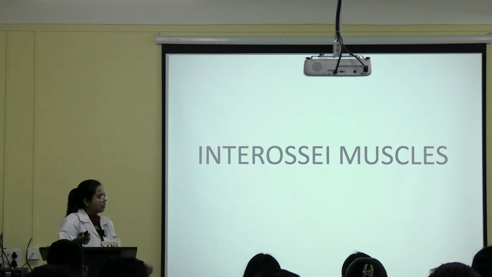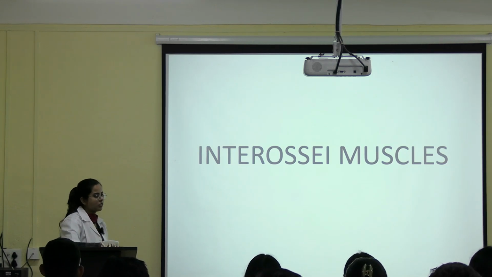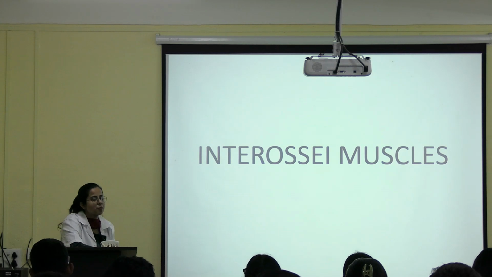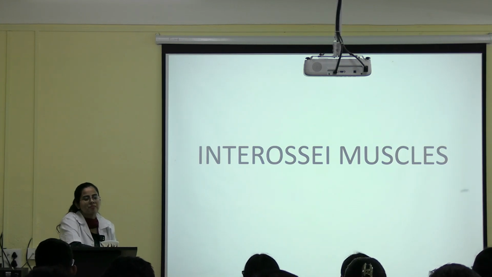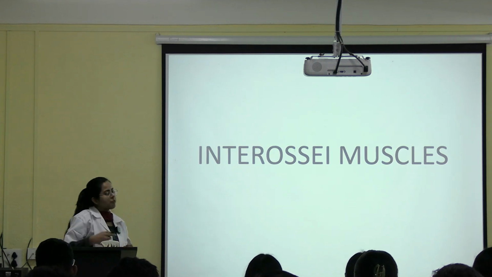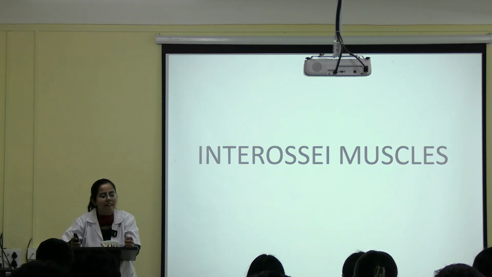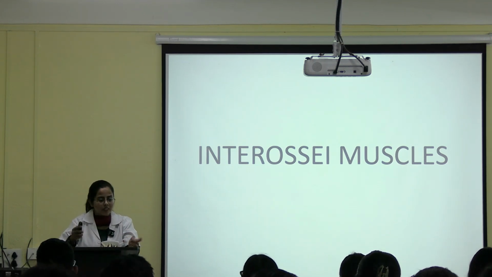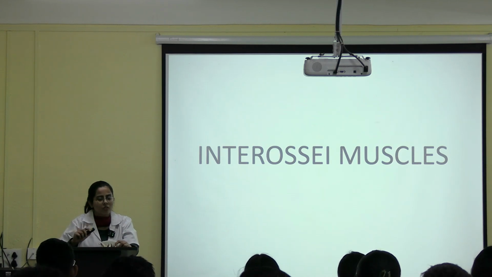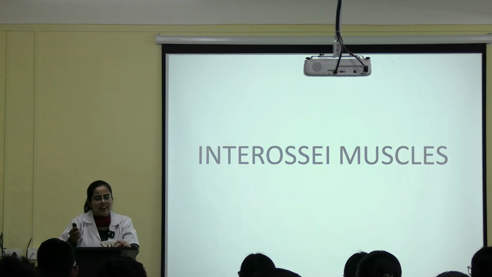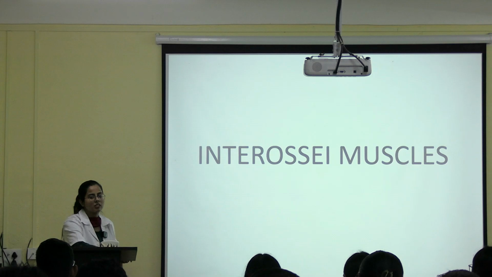Origin from? No. It's of lumbricals. Now I'm asking interosseous muscle. So, which bone? Metacarpus. Insertion in? Function of palmar interosseous muscle? I've given the mnemonic. What was the mnemonic? Adduction, okay? And dorsal?